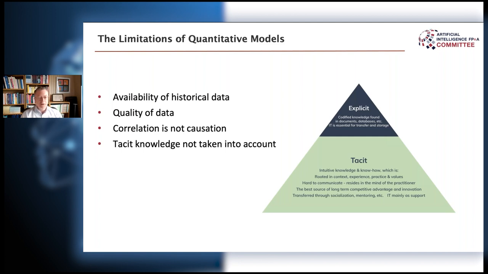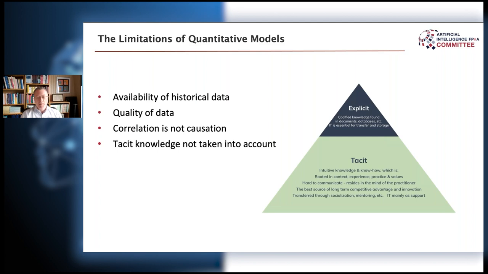But the most important limitation of quantitative analysis perhaps is that it doesn't really take the tacit knowledge into account. We only have the information that we can plug into databases, but all the intuitive knowledge, experience, values, whatever that we have as humans, is not taken into account when we're building quantitative models.